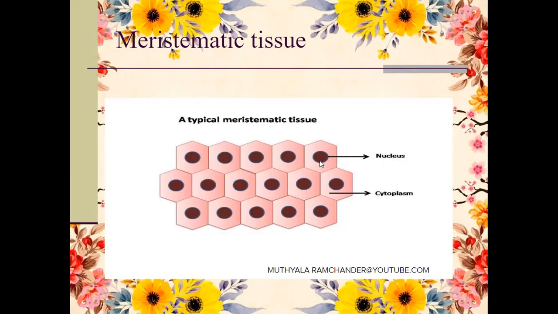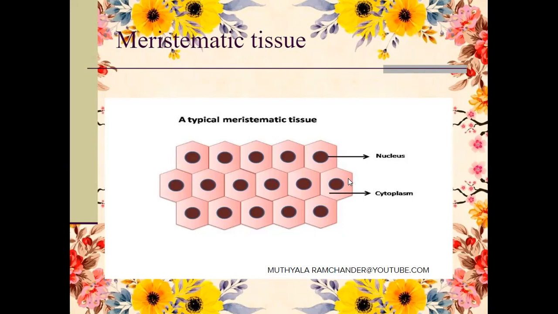Around this large nucleus, liquid cytoplasm is present. In this liquid cytoplasm, mitochondria and all the remaining cell organelles are present except chloroplast. See, around the large nucleus, a large number of small vacuoles are present.